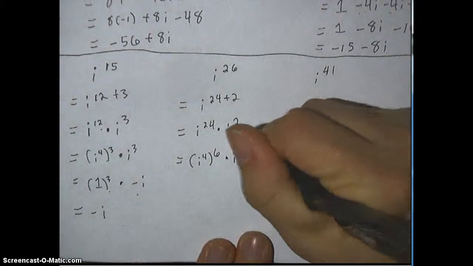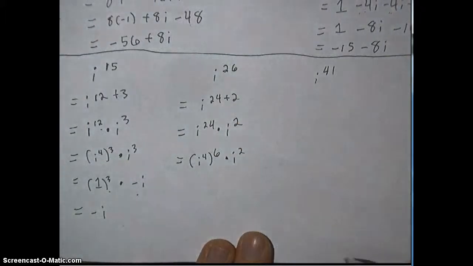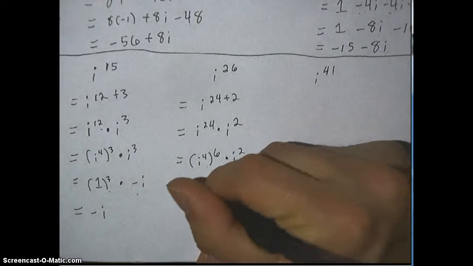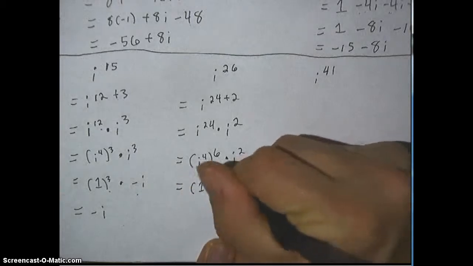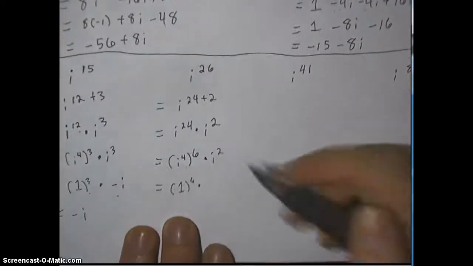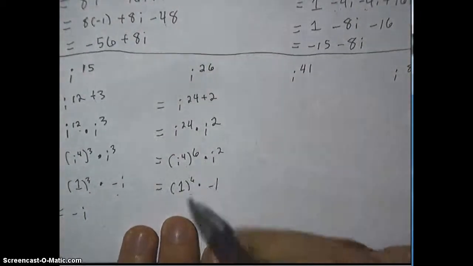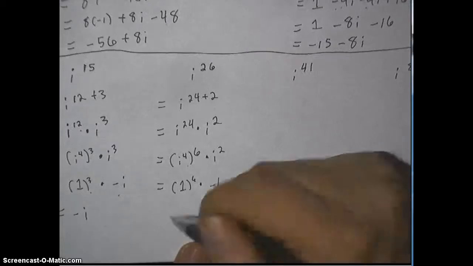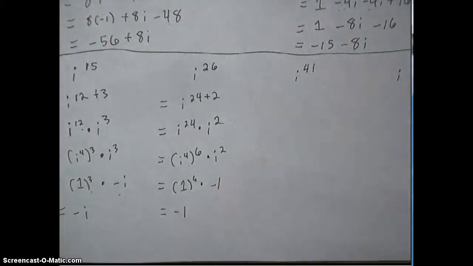Now here I still got that i squared. Well, I already told you that i to the fourth is 1, so this is 1 to the 6th power times i squared. i squared is negative 1. Well, 1 to the 6th power, that's 1 times 1 times 1 times 1 times 1 times 1. It's just 1. 1 times negative 1, the answer here is negative 1.